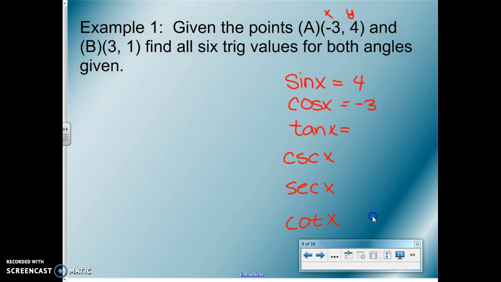Tangent is sine over cosine, so this is going to be -4 thirds. And then cosecant, I can switch and do that as 1/4. Secant can be -1 third. And cotangent can be -3/4. And that would really take care of almost everything there.